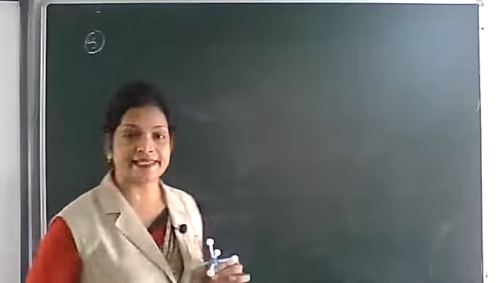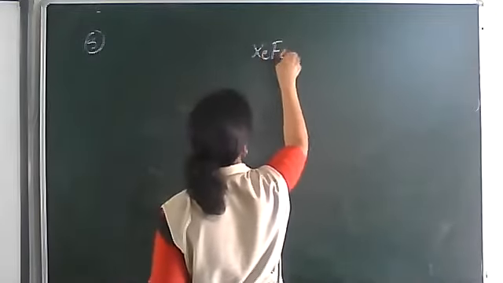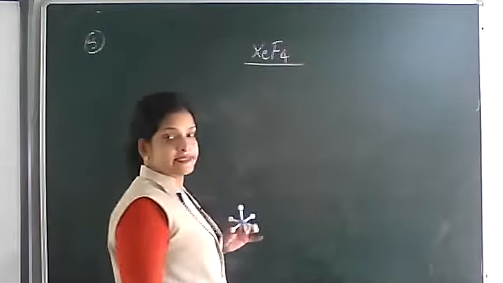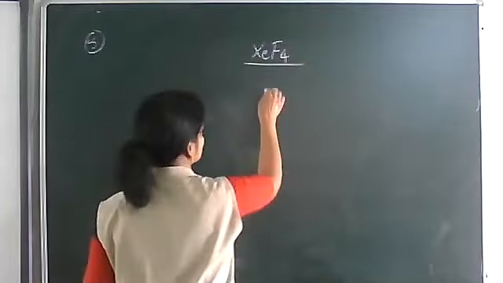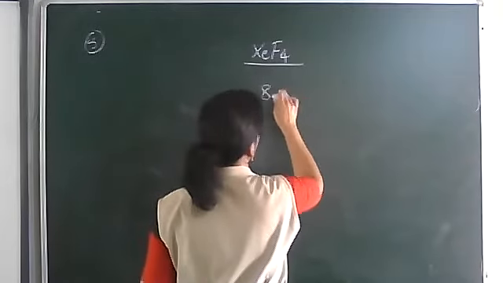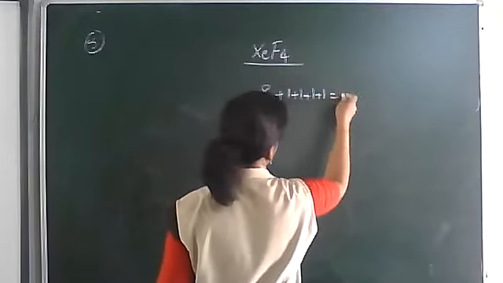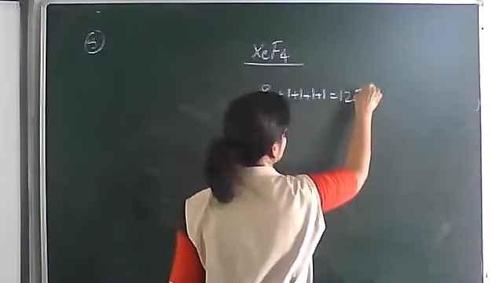Next is XeF4. Xe has 8 electrons in its valence shell and 1 from each fluorine. So altogether 12 electrons.